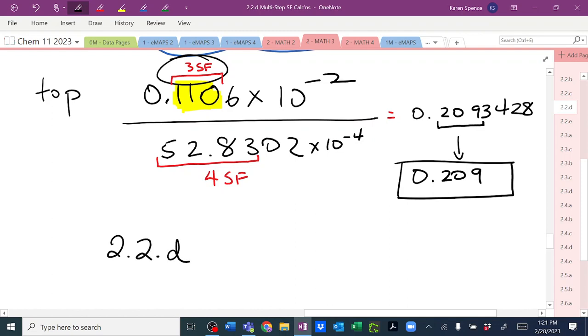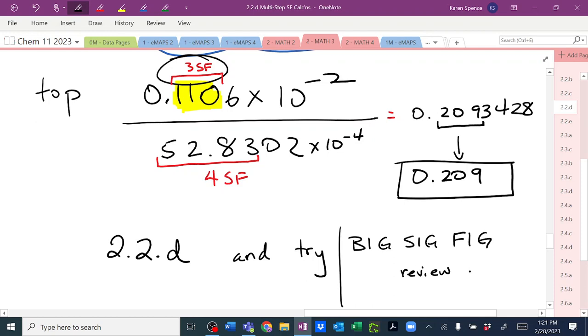You can try some of that, and you could try the big Sig Fig review. Okay, I might start with this actually.